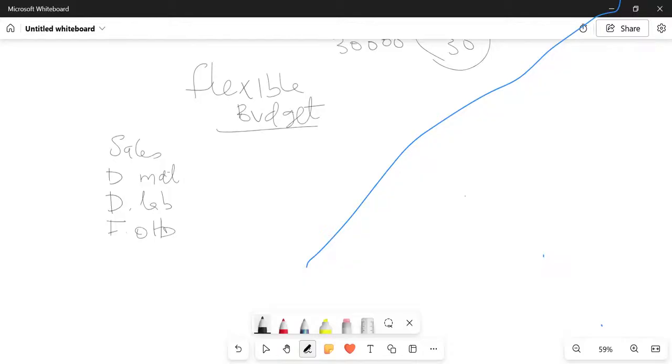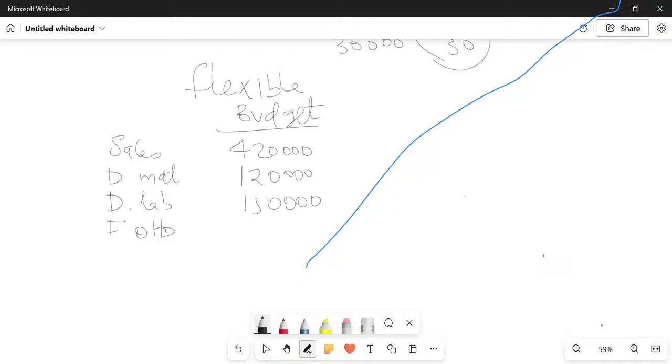The first one I can see is 420,000. Direct materials, I can see 120,000. Then direct labor, 150,000.